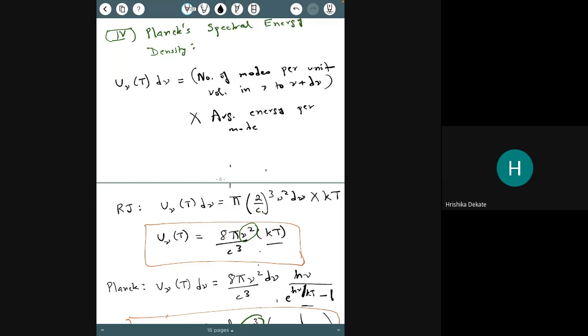What is that? Oh, I'm multiplying it with the average energy per mode. To get the spectral energy density, I am counting the number of modes in the range nu to nu plus d nu and multiplying it by the average energy per mode, because I need to get an energy in that. Okay, I have got it, ma'am.